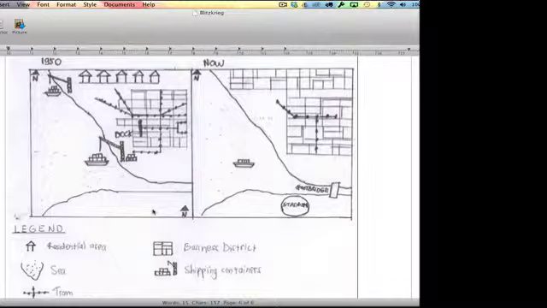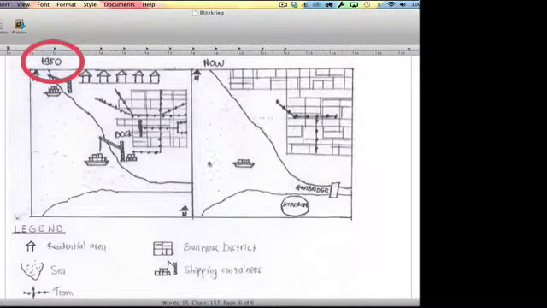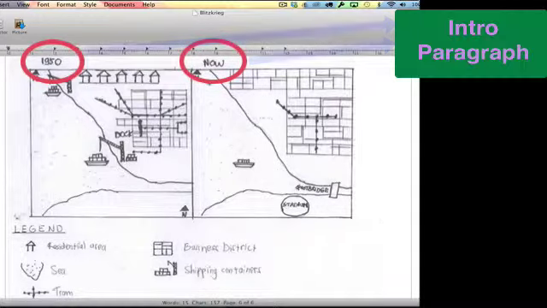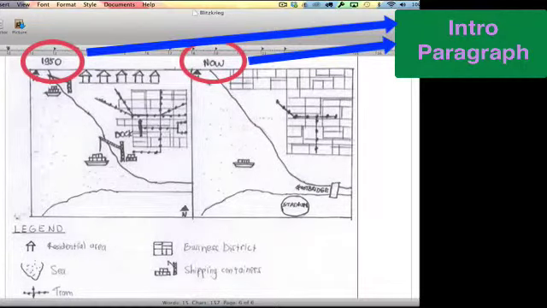As we can see, the maps show an area in 1950 and that same area as it looks today, now. So sharing this as our opening statement and perhaps commenting that there appears to be some major changes between the two maps, that would be a great introduction paragraph for our response.